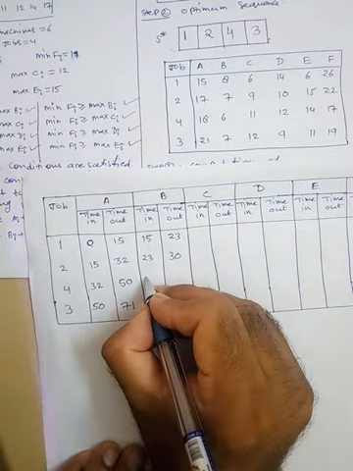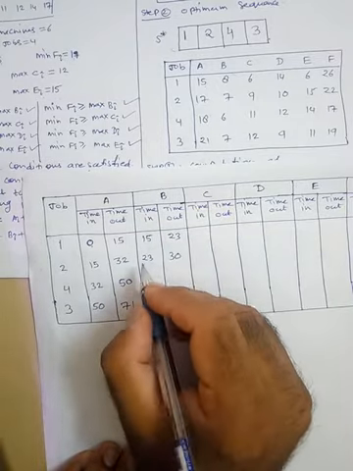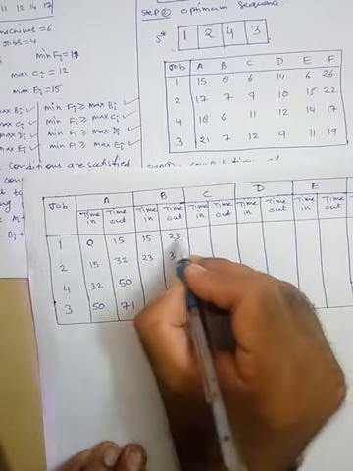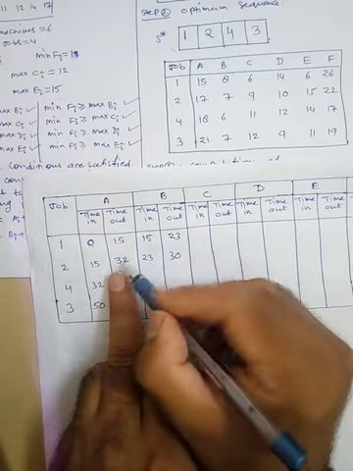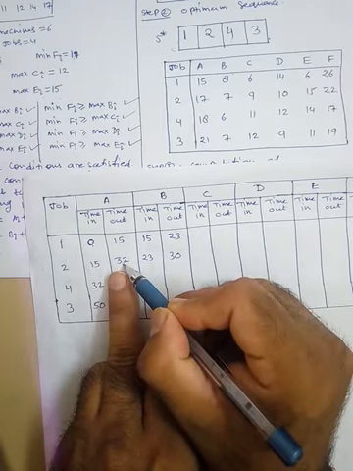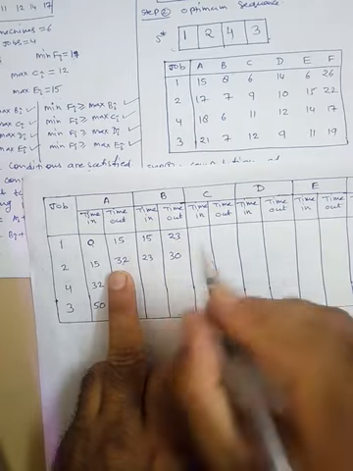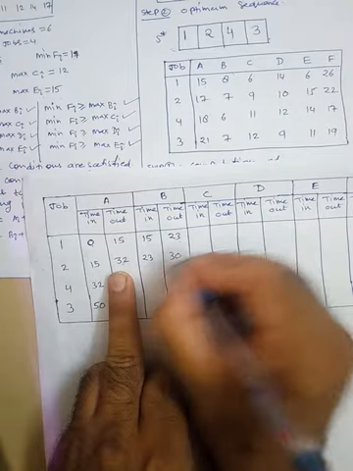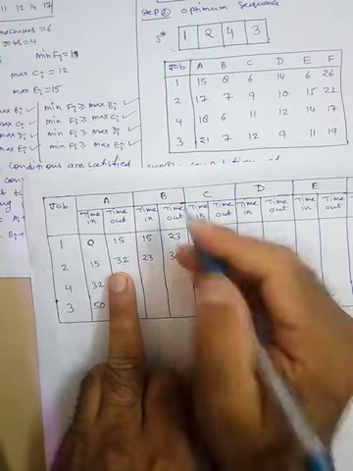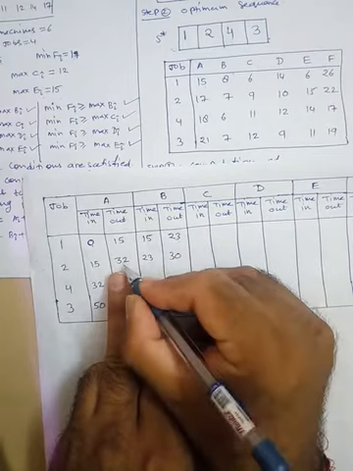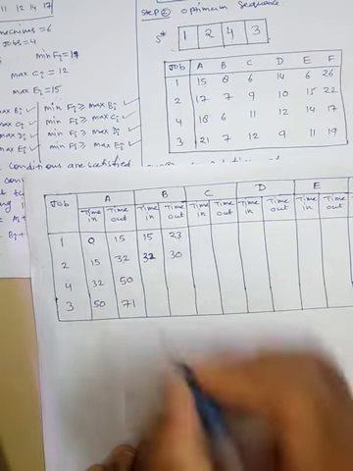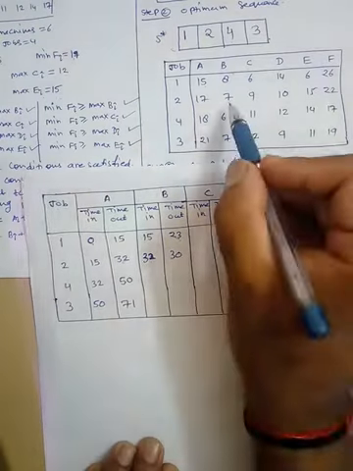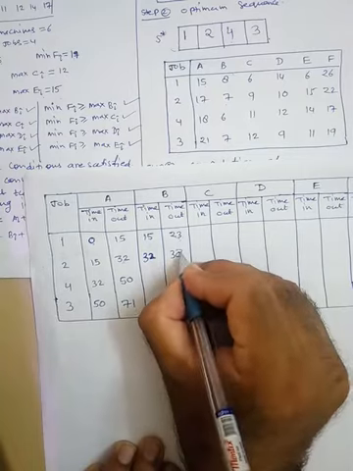Sorry, here is 23. Since 23 and 32, you can see that this product will finish at 32. However, this is already finished at 20. So machine B will be idle from 23 to 32. So that's why this will be 32. 32 plus 7, so this will be 39.